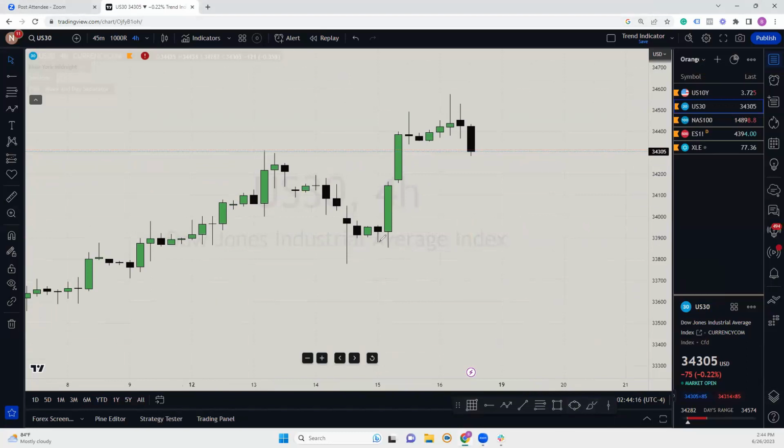Where's the swing low? You can see that we have a swing low here. You can take this as a swing low too. This is a swing high, the most recent swing high.